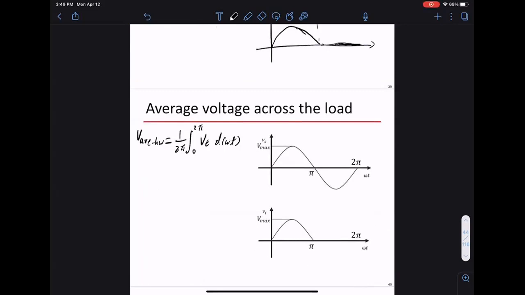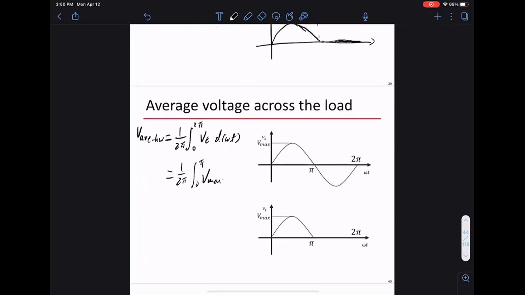But since after pi this whole thing is 0, we're really integrating only from 0 to pi, V max sine omega t d omega t.